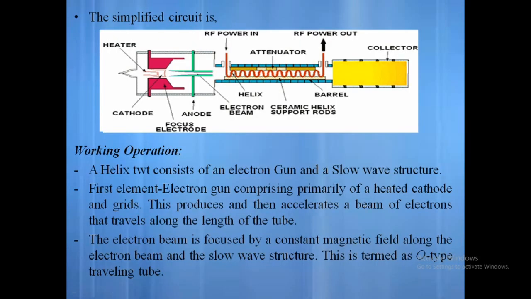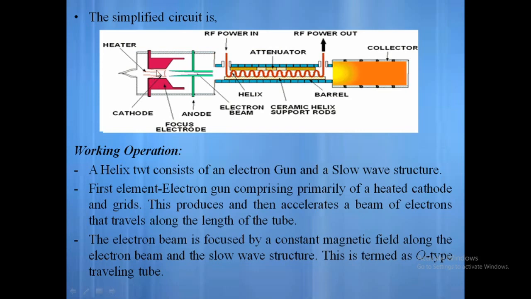Next, now let us see the working of the traveling wave tube. A helix traveling wave tube consists of an electron gun and a slow wave structure. Here the slow wave structure is nothing but the helical coil, which is shown in the diagram. The first element, the electron gun, comprises primarily a heated cathode with several grids.